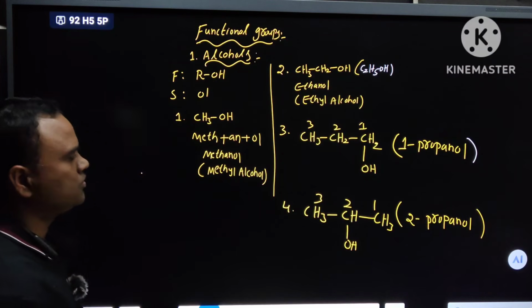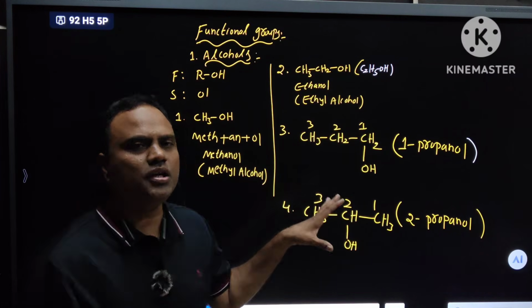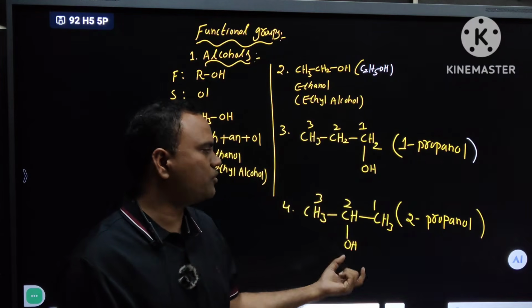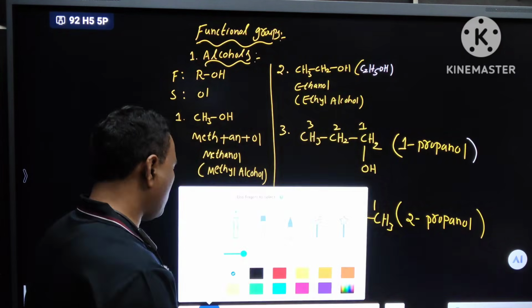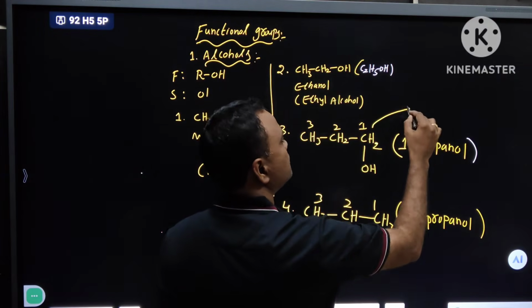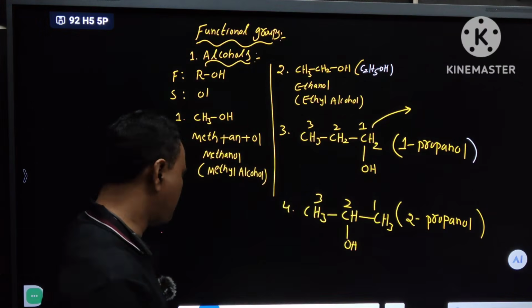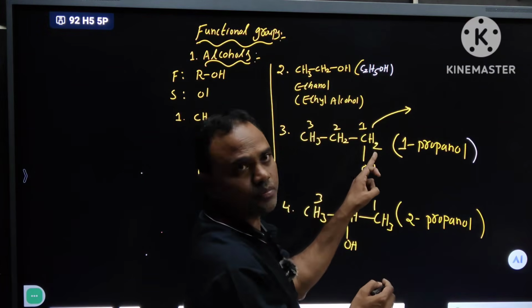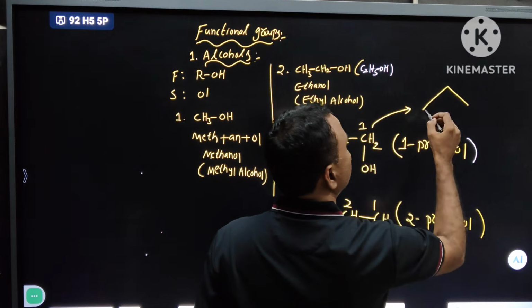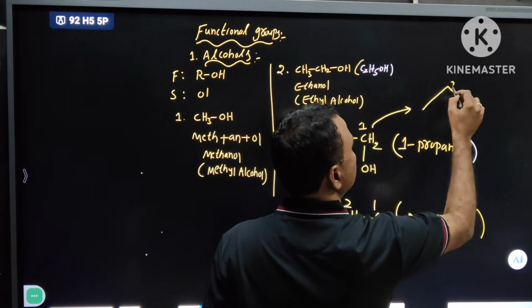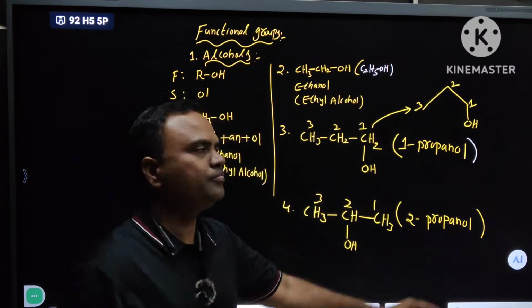Right. Now, at the same time, you should know about the bond line representations for 1-propanol and 2-propanol. Let us see the bond line representation. This can be represented like this: 1, 2, 3 carbons, and you can write the OH group.